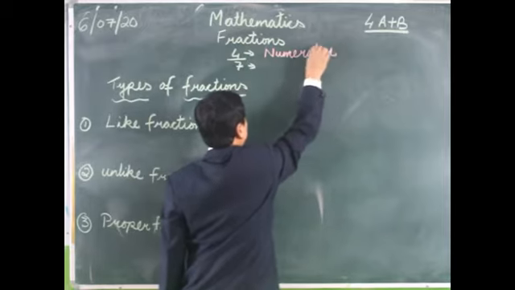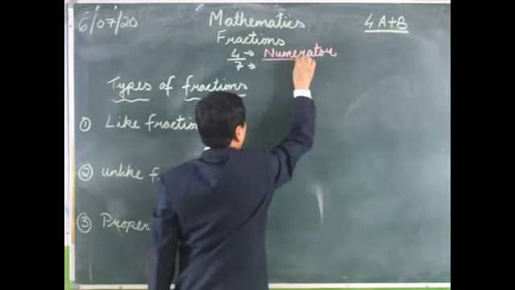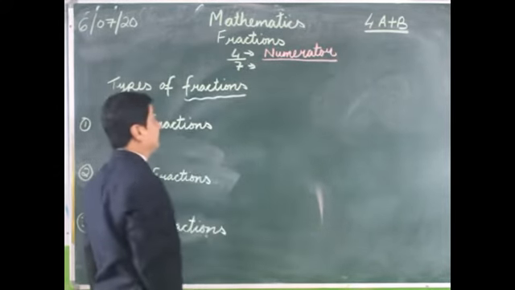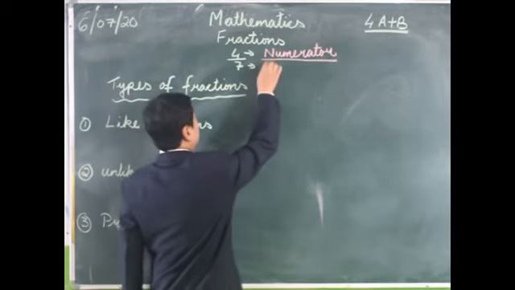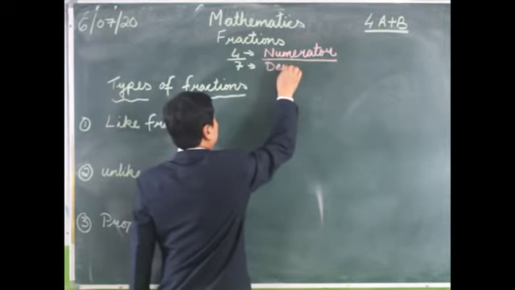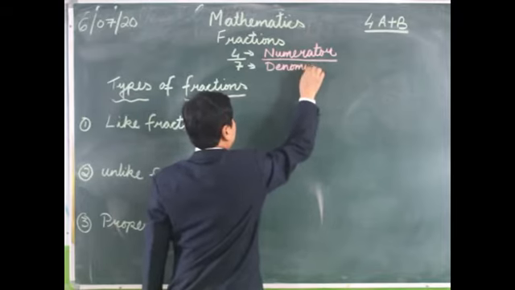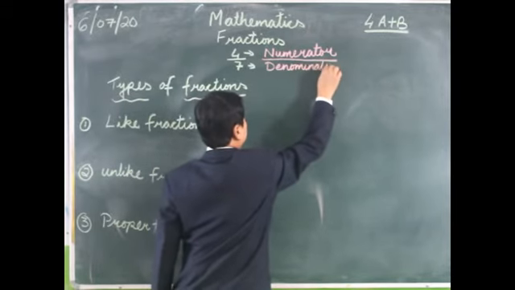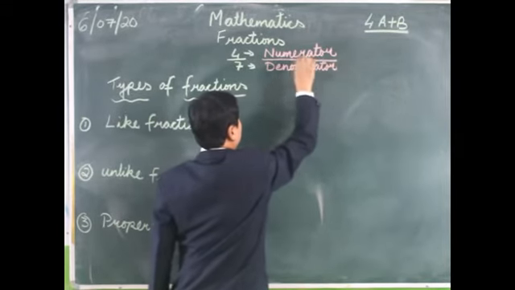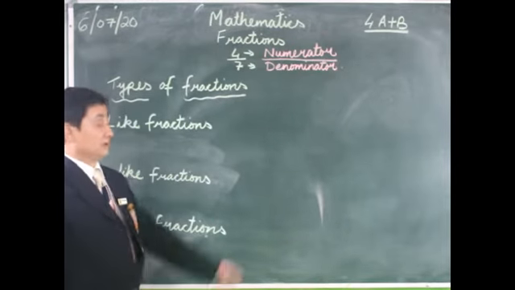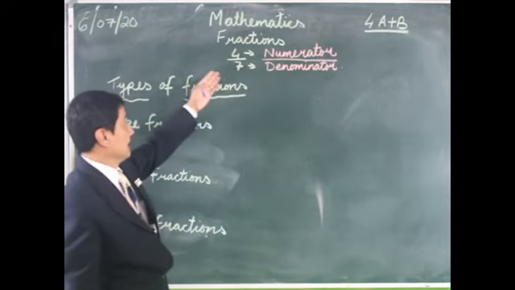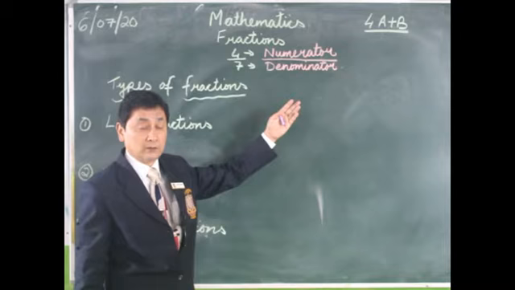What is it known as? It is known as the numerator. And the bottom part is known as the, very good, some of you know, denominator. So we have a numerator and a denominator. 4 is the numerator and 7 is the denominator.